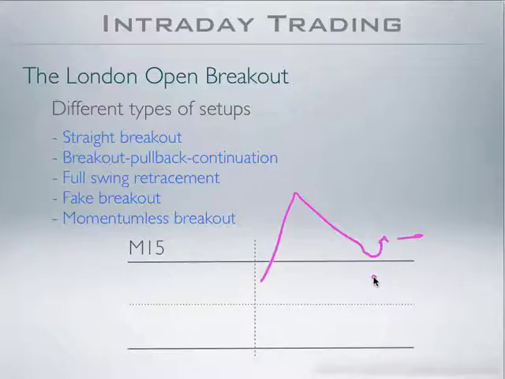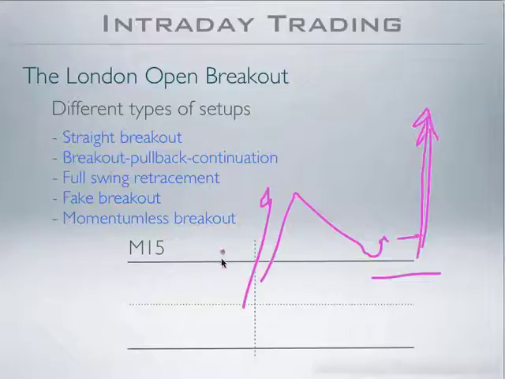Obviously, the stop loss goes again a few pips behind the end of the pullback, aiming to shoot for the second breakout, the second push in the direction of the original breakout.